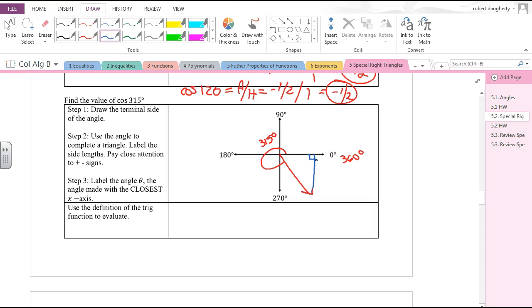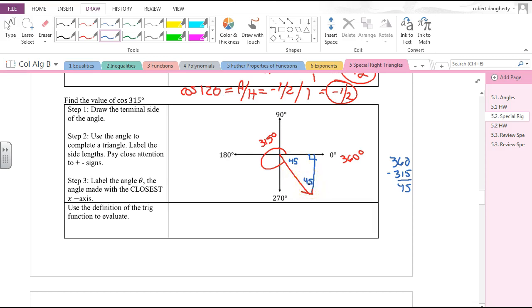So if this is 315, how much further from 315 do I have to go to get to 360? Yeah, 45. So 360 minus 315 is 45. That makes this a 45-degree angle. What is this angle down here? That's 45.